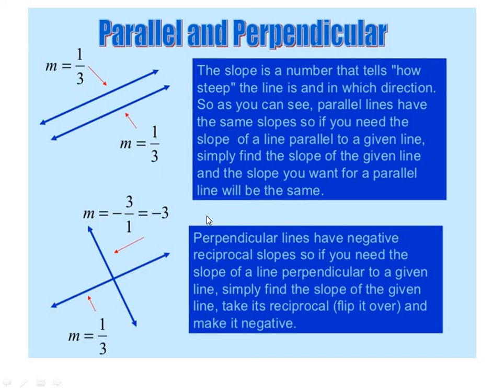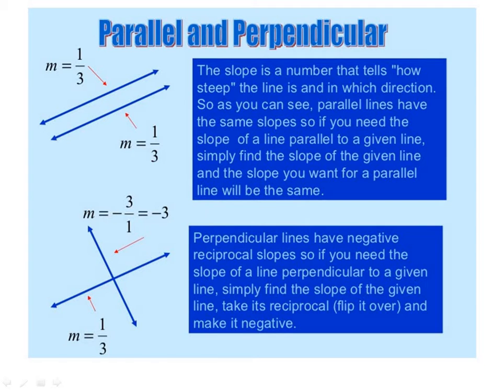The reciprocal is when you flip the slope over. If it's a fraction, you change the position of the denominator and the numerator. If it's a whole number, it will be 1 over this number. And if it's 1 over a number, it will become a whole number.